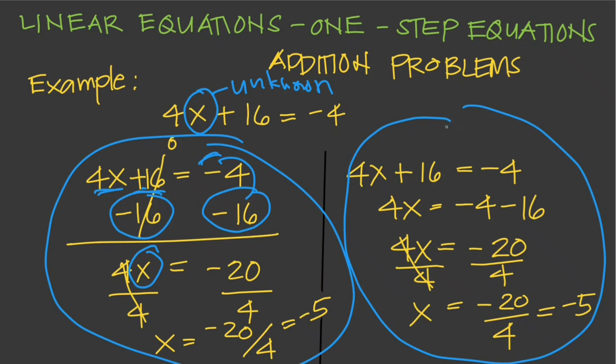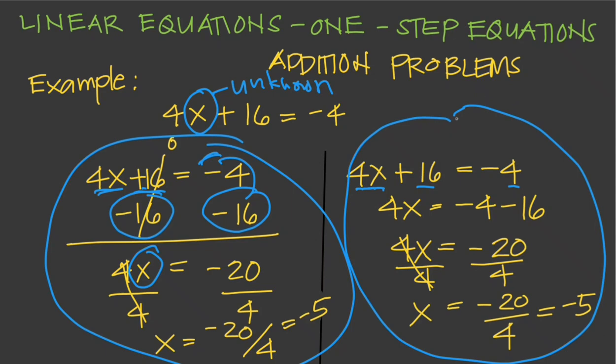On the other hand, for this other method that I introduced here, you just have to group like terms. The x here doesn't have another term that is alike. So 16 and -4 here are both constants, so they are alike.